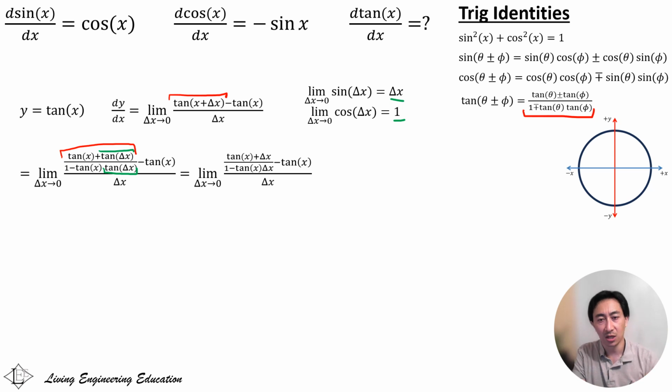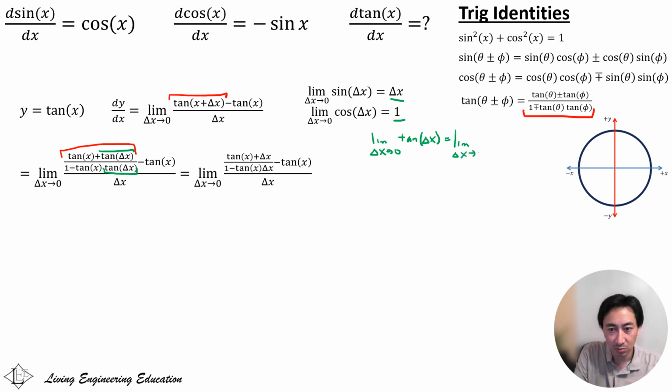Since I know that tangent is sine over cosine, I could say the limit as delta x approaches 0 of tan delta x is equal to the limit as delta x approaches 0 of sine delta x over the limit as delta x approaches 0 of cosine delta x.